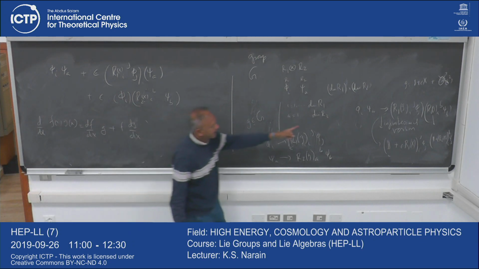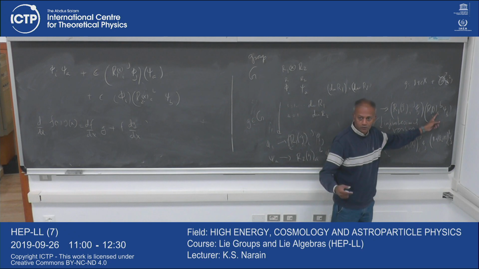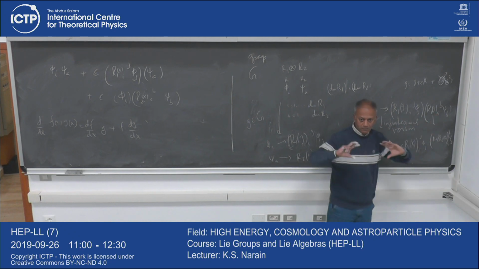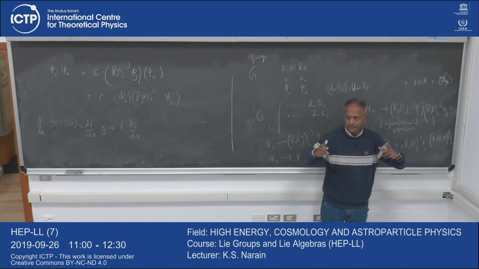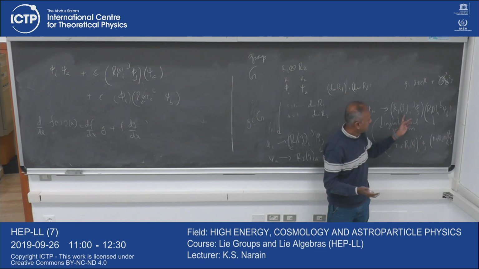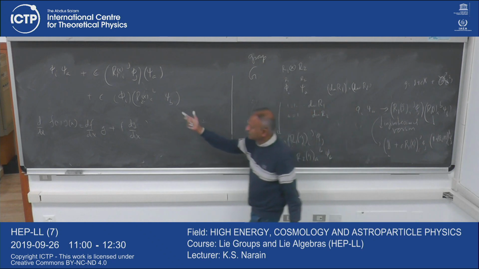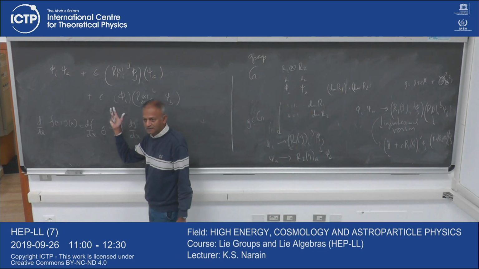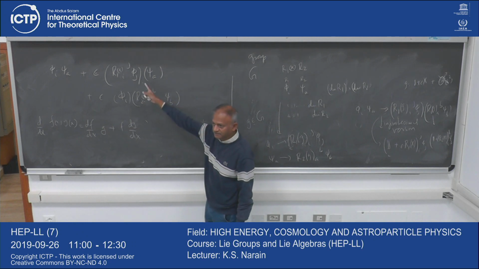The group acted simultaneously on both, with the finite group element. You transform both of them by the same element in the appropriate representation. But at the level of Lie algebra, since we are looking at the infinitesimal version, at order epsilon it becomes additive. It acts like a derivative.